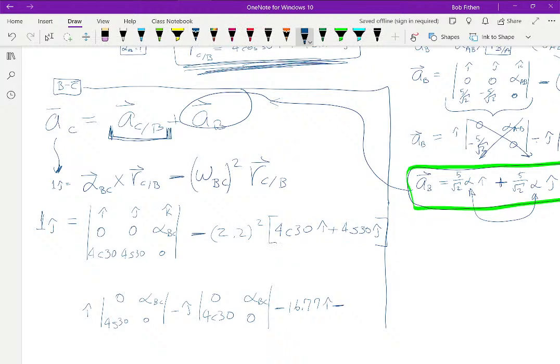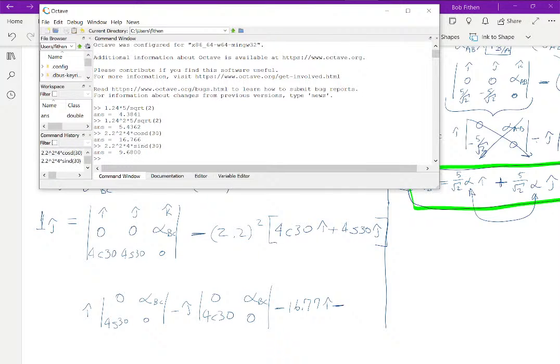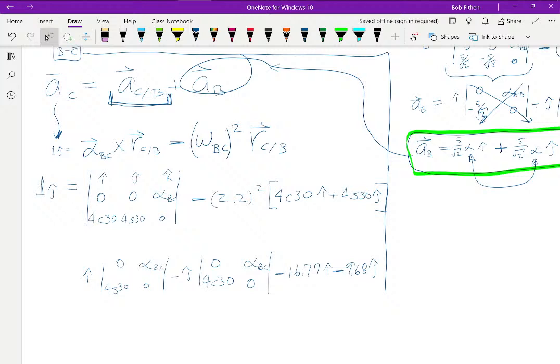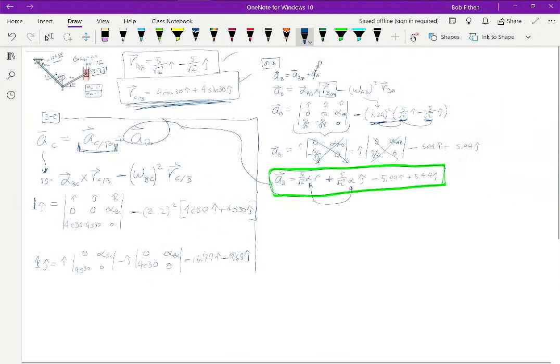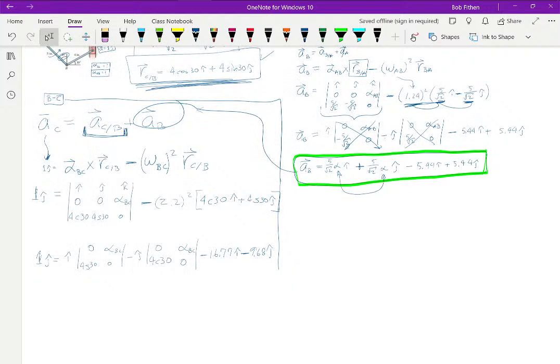Next, all I need to do is change that to a sine. 9.68 j. 1 j is equal to that. Now, one of the things I didn't do, I'm going to go back and do this in red.